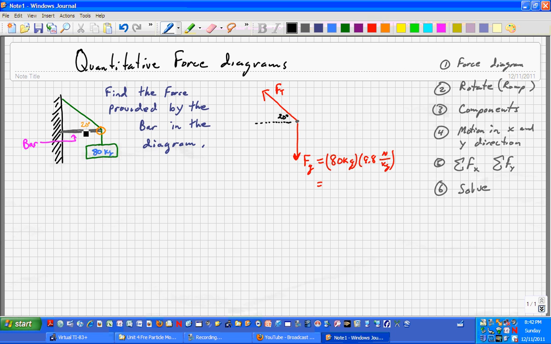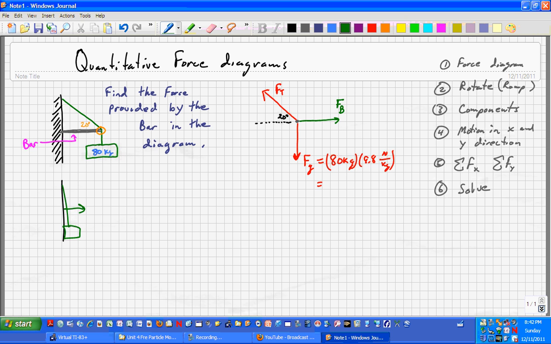Think of it this way: if I remove this bar, this whole assembly box and everything is going to collapse towards the wall, and we're going to wind up with something like this, where that box is hanging down here against the wall. Inserting that bar causes it to be pushed outward. So the force of the bar, call it force of B, for the bar, is actually a push outward.